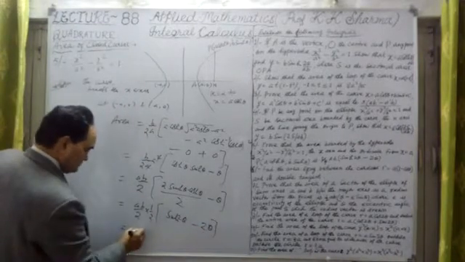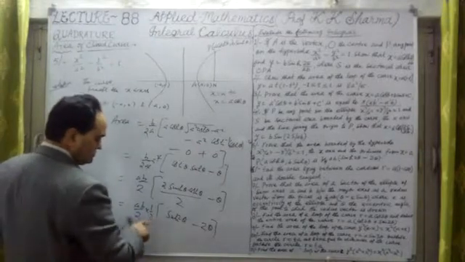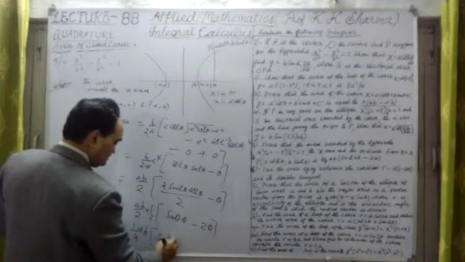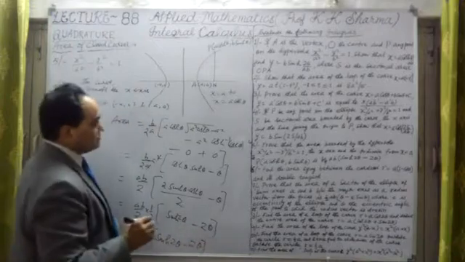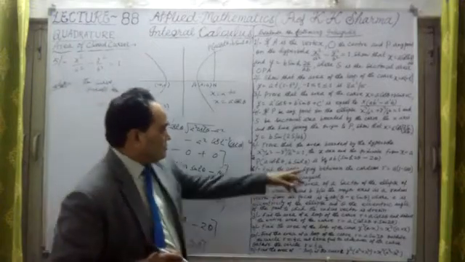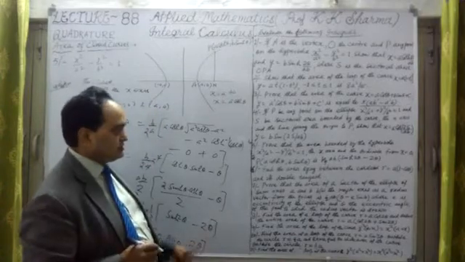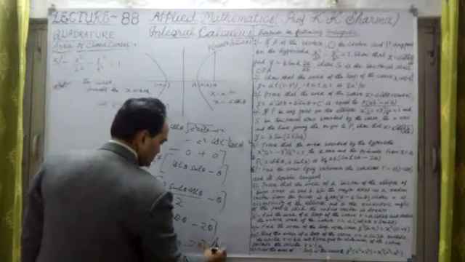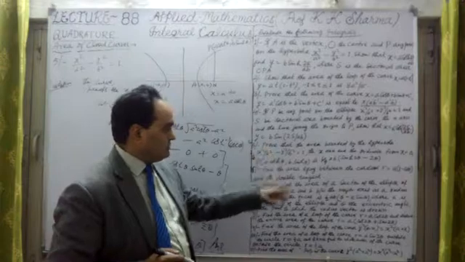So this is nothing but 1/4 ab times sinh 2 theta minus 2 theta. Is it the same answer? Yes. Hence, this is the answer here. This is question number 5, so the fifth question we have done, and the same answer is obtained.